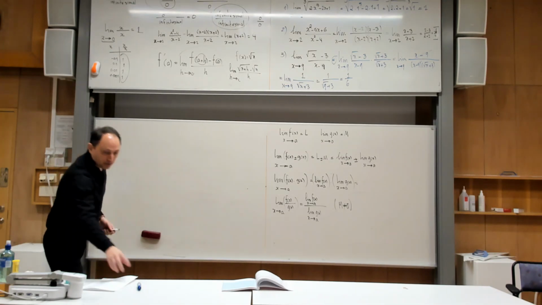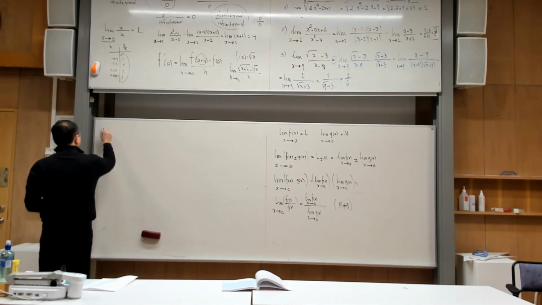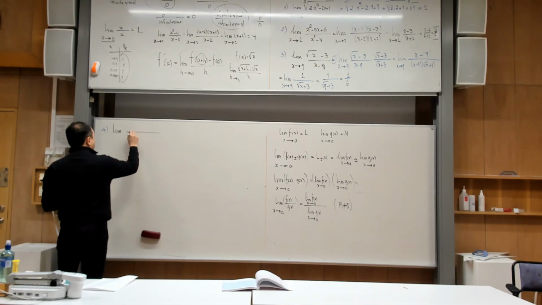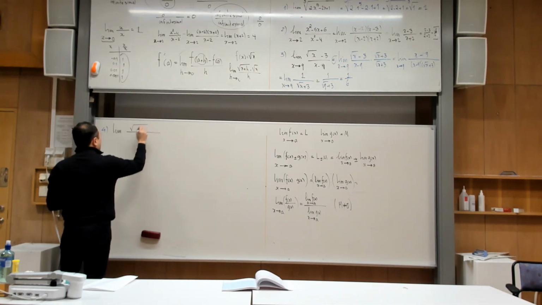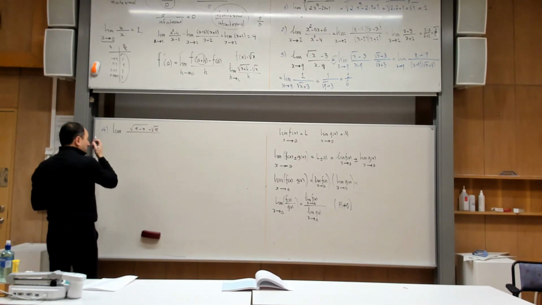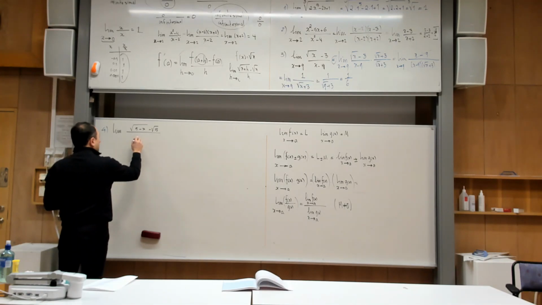So for example, number 4, assume that you want to calculate this limit of the square root of 5 minus x minus the square root of 5, divided by x, as x goes to 0.